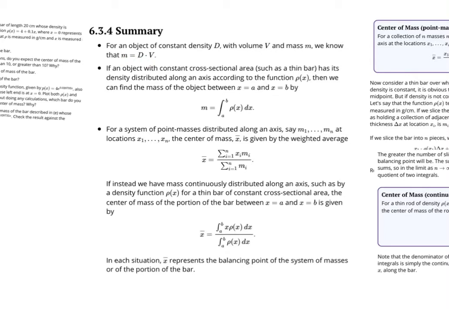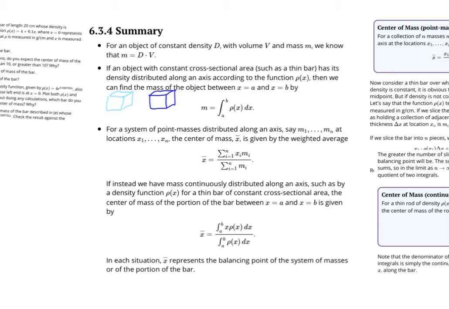We talked about air being more dense than water because if I have a cube of air and a cube of the same size of water, the volume is going to be the same, but the water cube will be heavier than the air cube, and that's because water is more dense than air.